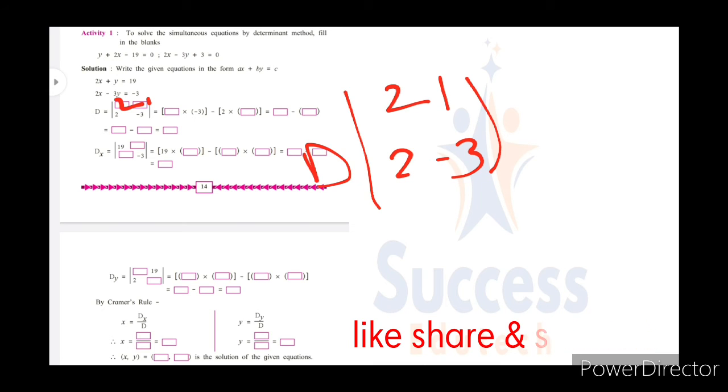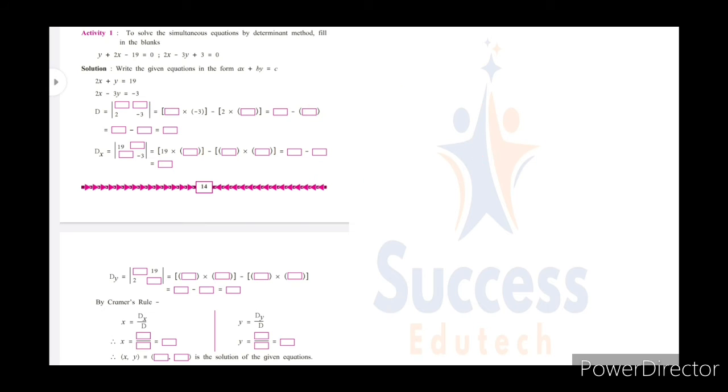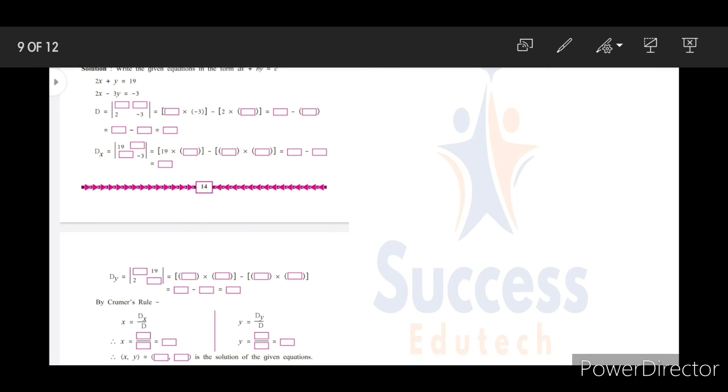This is my determinant. After solving, minus 6 minus 2, we get minus 8. So my d value equals minus 8.